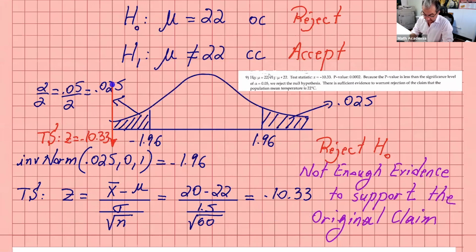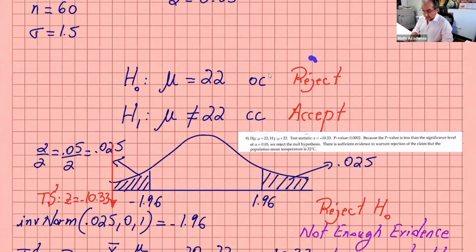Where is negative 10.33? It's right here, right? Much smaller than negative 1.96, and it's in the shaded area. Shaded area means reject H0. So you come to H0, and next to it write reject. Of course we're going to accept H1. Then check the original claim. Next to the original claim it says reject.